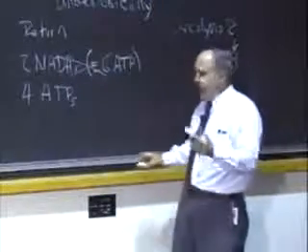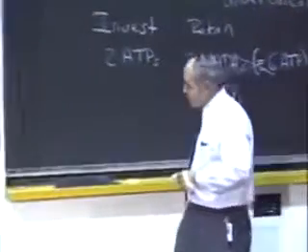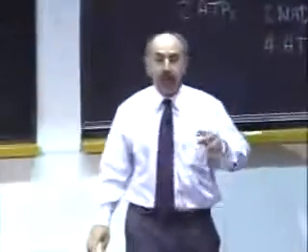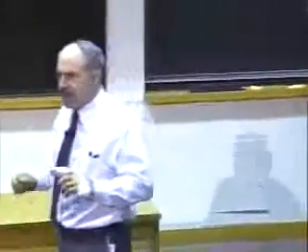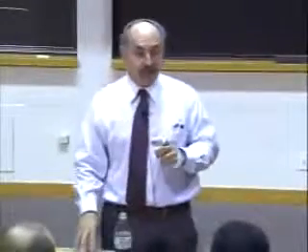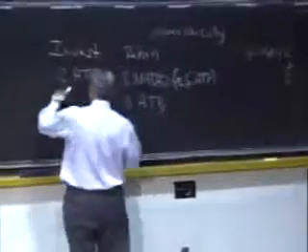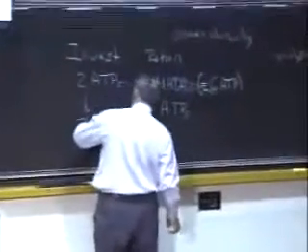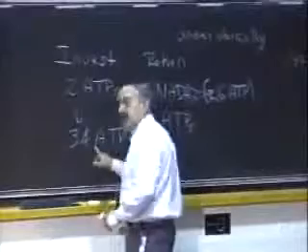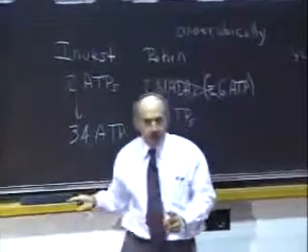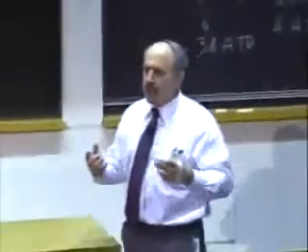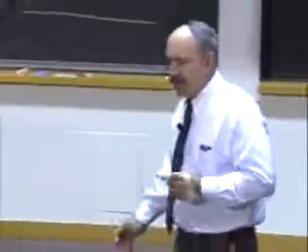In fact, I've just told you that in the absence of oxygen, you can only make 2 ATPs. I will tell you, without proving it to you, that in the presence of oxygen, you can make 34 ATPs. And 34 is, we can agree, much better than 2. Higher life forms could not evolve until this much more effective way of generating energy became available.